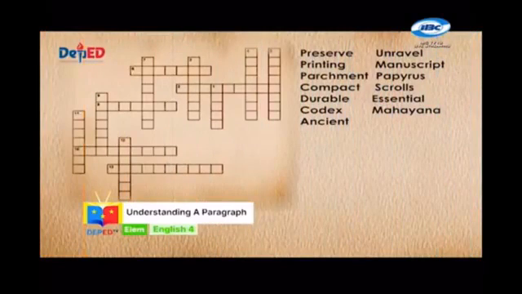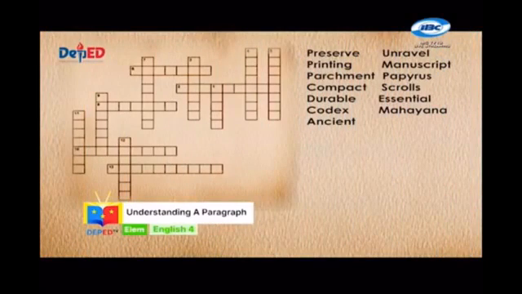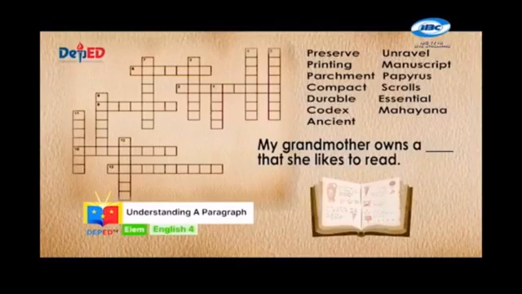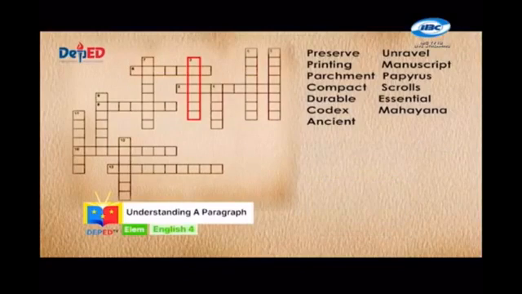Are you ready? Here are the clues. Let's start with down. Item number 1. 5 letters. It is an ancient manuscript text in book form. My grandmother owns a that she likes to read. Number 3. 7 letters.